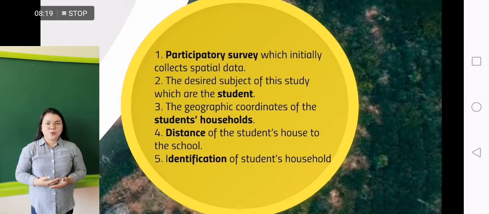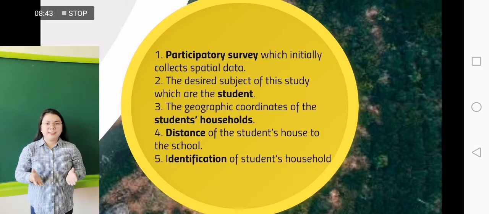This study requires a collection of data. It will be collected from different sources like a participatory survey, which initially collects spatial data. Spatial means geographic data that obtain information on the desired subject of this study, which are the students.